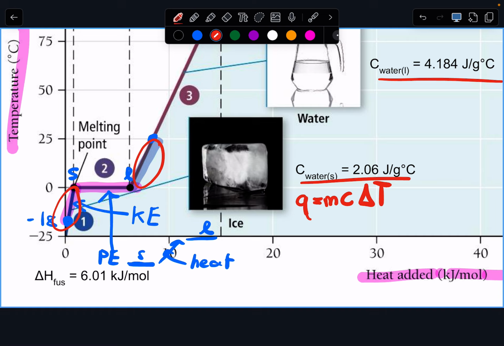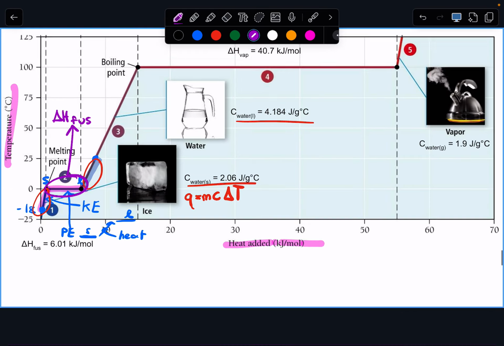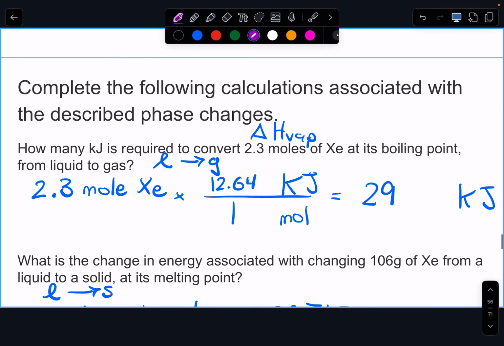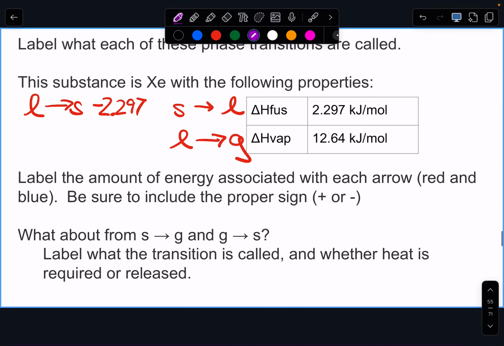to calculate how much heat needs to be added to change the temperature. And then the horizontal portion, in this particular example, is where we use the delta H of fusion. We did this on Friday, if you remember. We took xenon, we had the delta H of fusion and the delta H of vaporization. This is in kilojoules per mole.